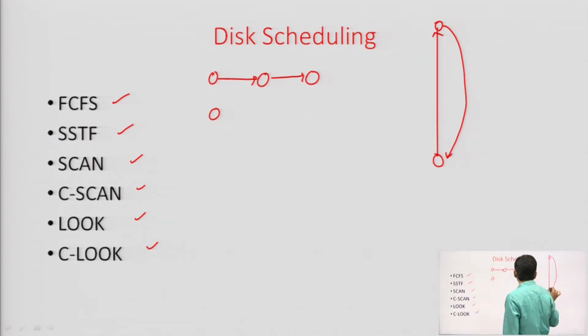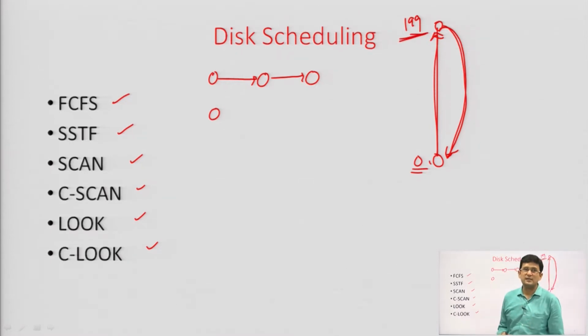In the C-SCAN algorithm, while going up we satisfy the requests, but while going down we do not. So, if this is the lowest track number and this is the highest track number, the movement will be from the lowest to the highest track number, satisfying the requests, and then coming down from the highest to the lowest track number, the requests are not satisfied.